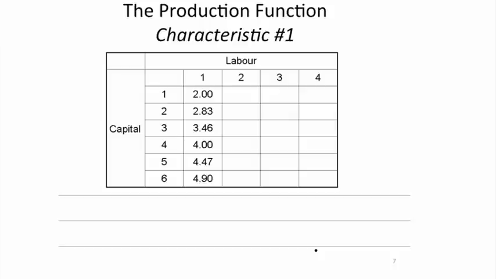In this example of the production table, I'm conducting a very specific experiment. Here, I'm holding not only the secondary factors of production constant, but I'm also holding the amount of labour constant. And then I'm going to vary the amount of capital that the firm has, starting with 1 unit of capital, through to 2, through to 3, 4, 5 and 6, and then record how much output is then produced.